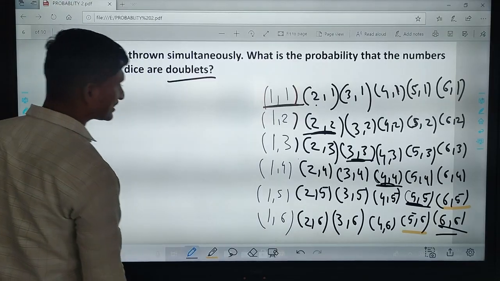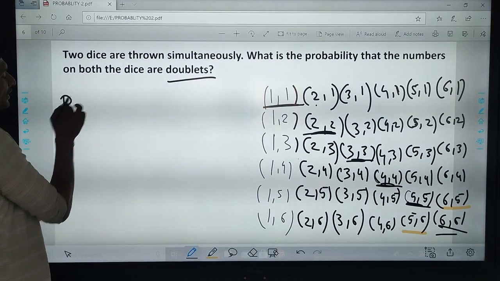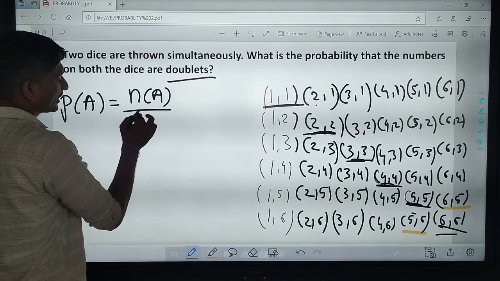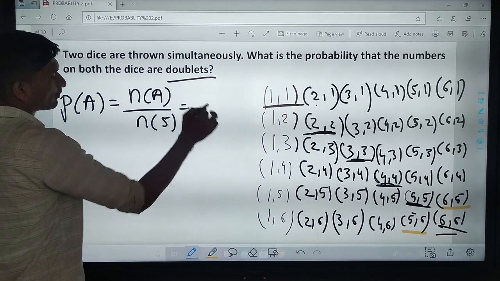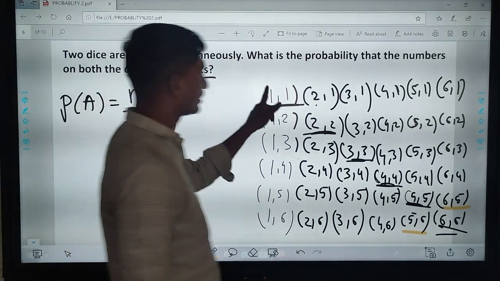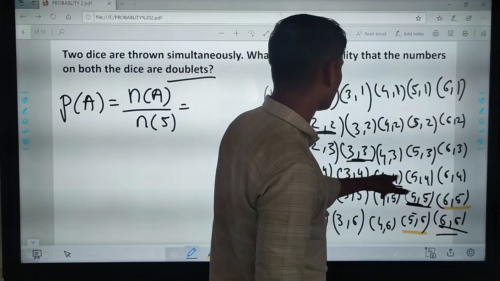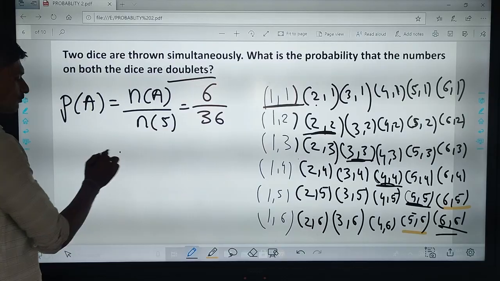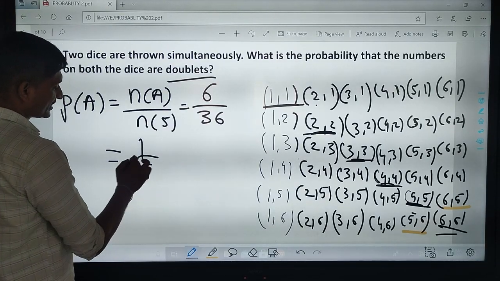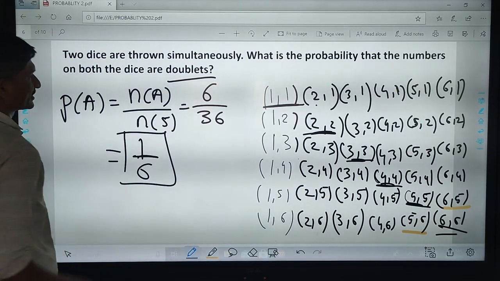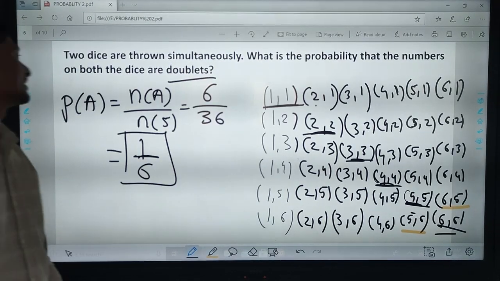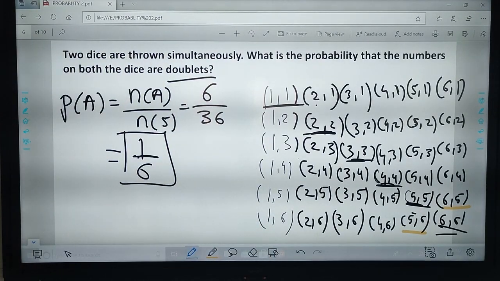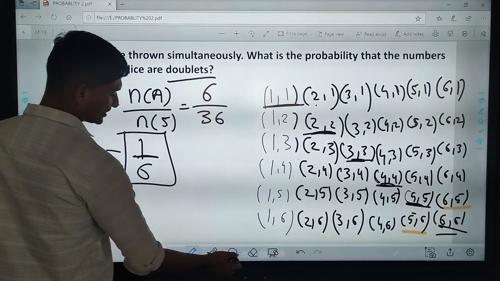Then total samples are 6. Then probability of A is equal to n of A divided by n of S, which is 6 divided by 36. Then your probability is 1 by 6. So the probability that the numbers on both dice are duplicate is 1 by 6. Now next.